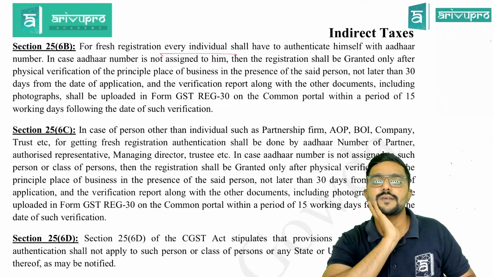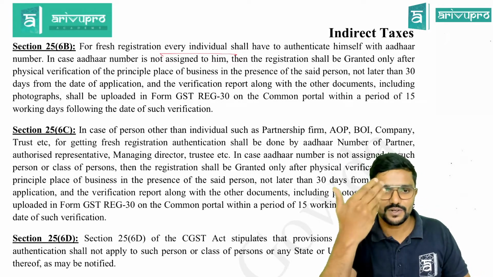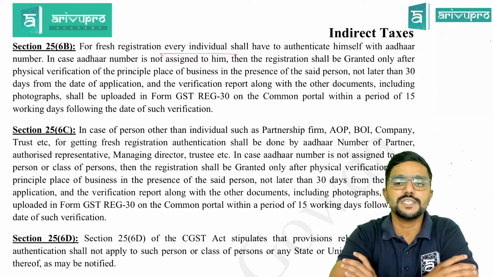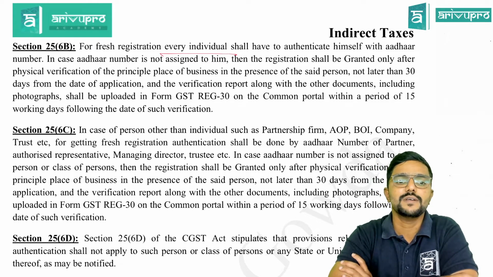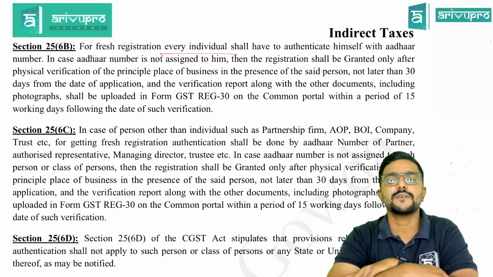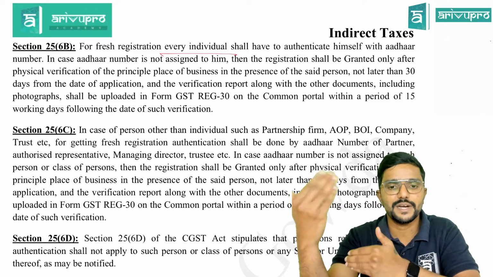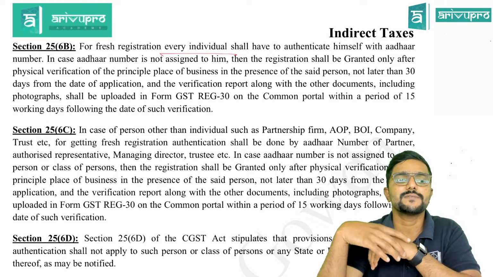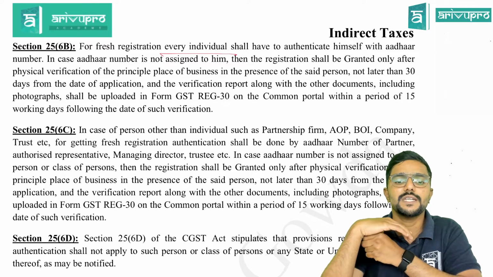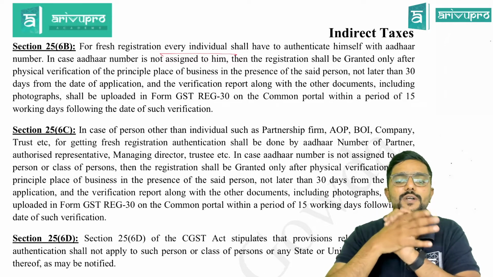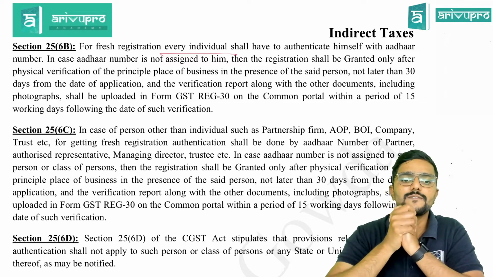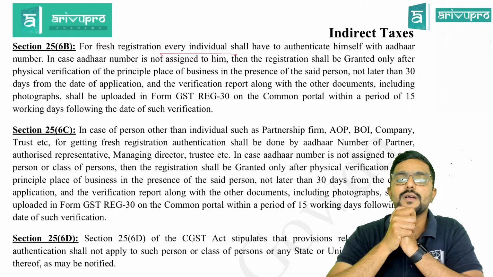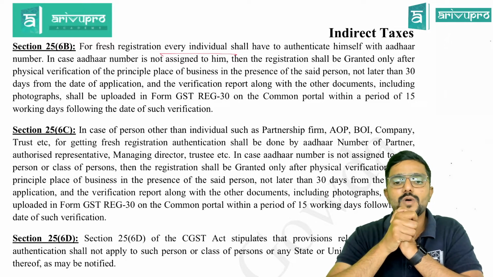In case Aadhaar number is not assigned to him, means if he does not have Aadhaar, then the registration will be granted only after physical verification of the principal place of business in the presence of the said person, the applicant we call him, not later than 30 days from the date of application, and the verification report along with other documents, including photographs, shall be uploaded in form GST REG 30 on the common portal.